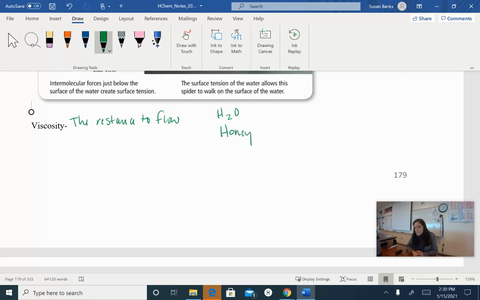Which one is more viscous? Honey definitely is. Honey does not like to flow. In fact, sometimes you have to heat the honey up so that it will flow. If you get a jar of cold honey, even if it hasn't crystallized yet, it won't flow if it's cold. Okay? All right, let's talk about solids really quick.